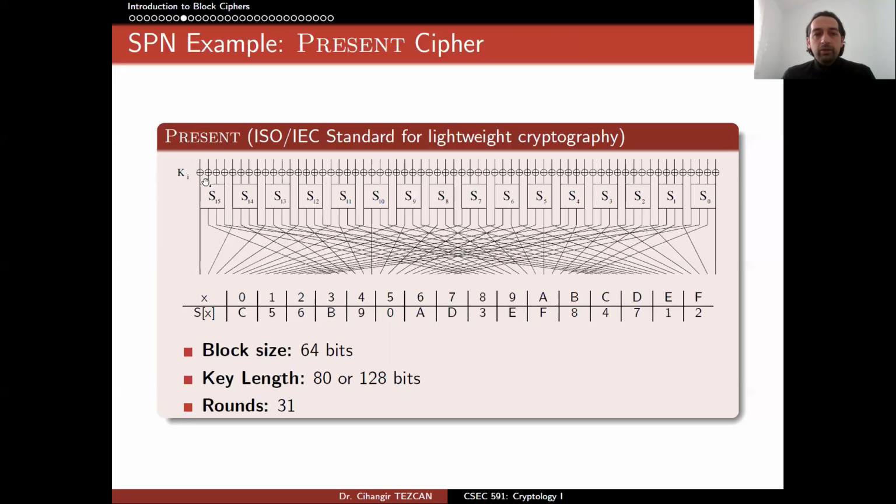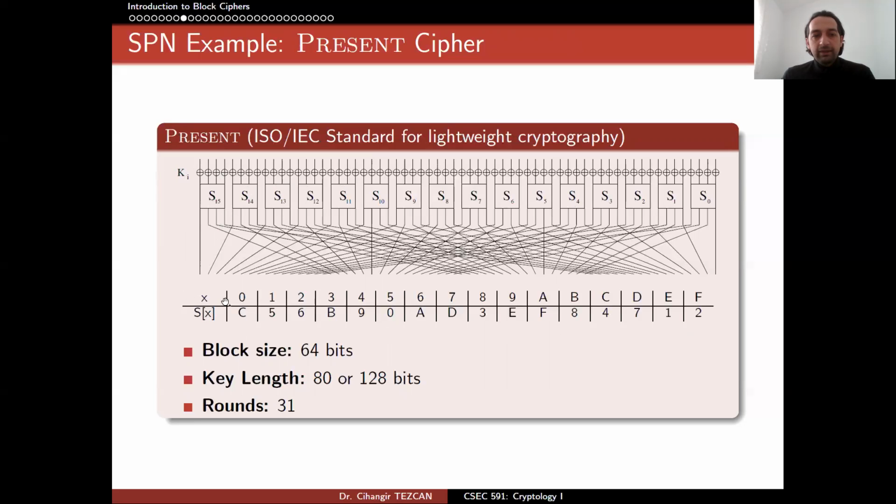Then you gather these 64 bits into 4-bit parts, and you put them into a table that we call an S-box, substitution box, and provide a 4-bit output. So it takes a 4-bit input and gives a 4-bit output. This S-box is defined like this.